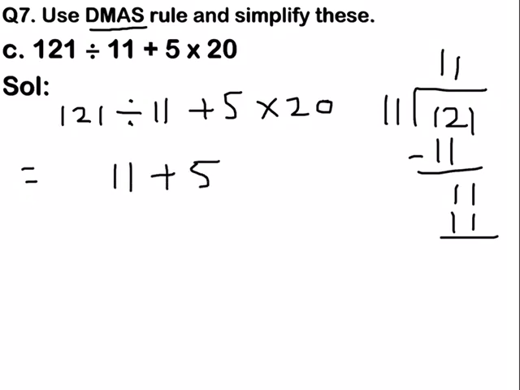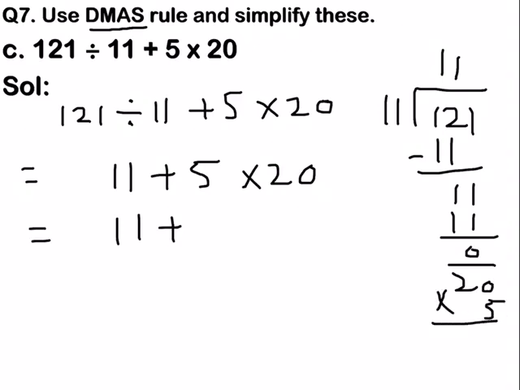plus 5 multiplied by 20. Now addition and multiplication. First we will solve multiplication, that is 5 multiplied by 20. 20 multiplied by 5. 5 0s are 0. 5 1s are 5. 5 2s are 10.